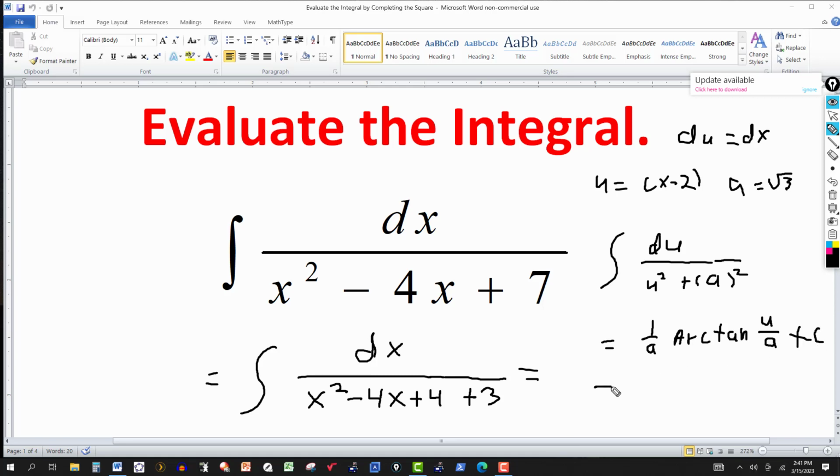And then we just fill it in. So it's 1 over a, and a is the square root of 3. And we have arctan of u over a, and u is x minus 2.